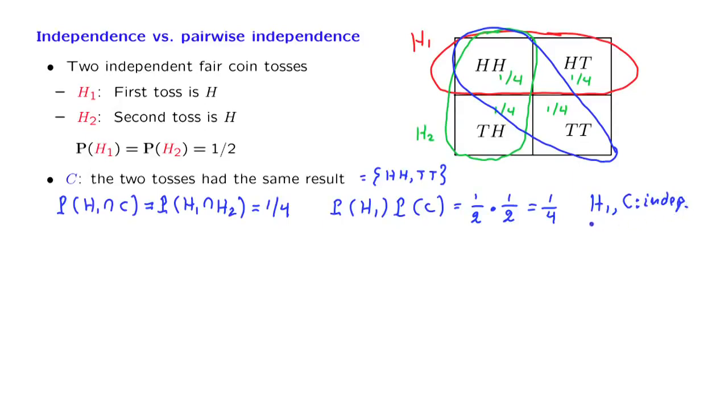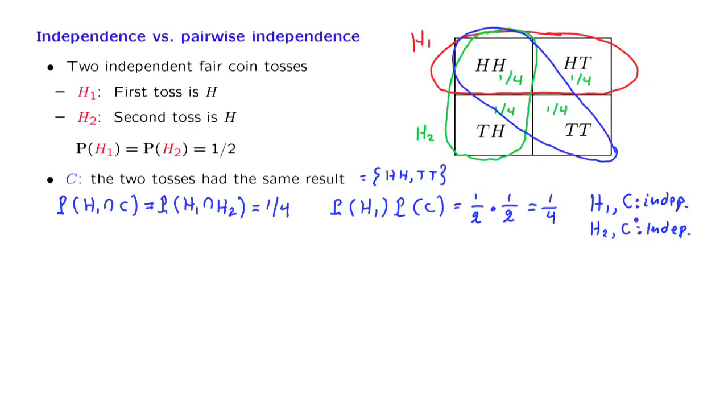By the same argument, H2 and C are going to be independent. It's a symmetrical situation. H1 and H2 are also independent from each other. So we have all the conditions for pairwise independence. Let us now check whether we have independence.